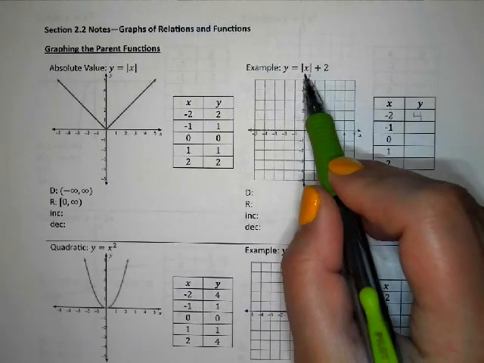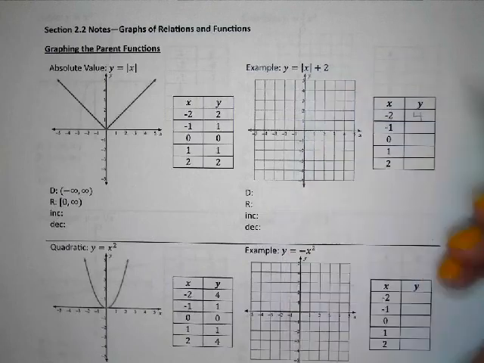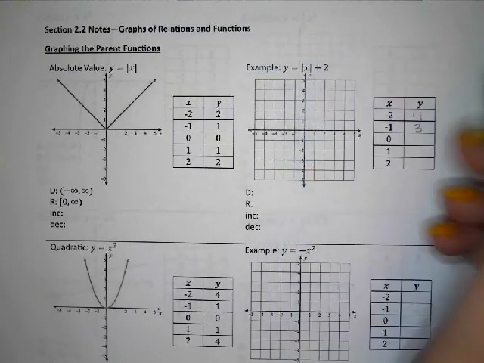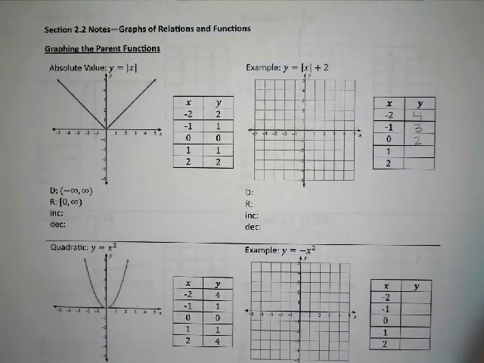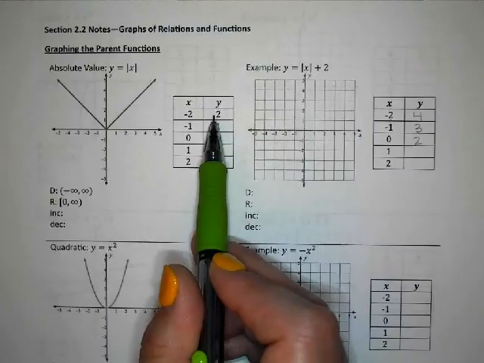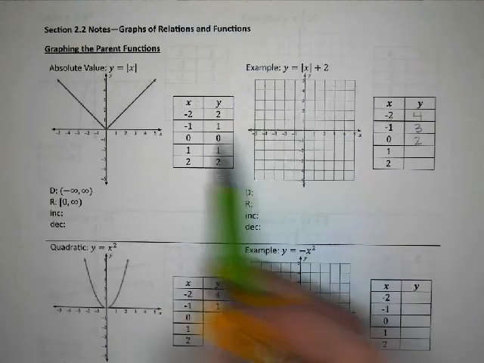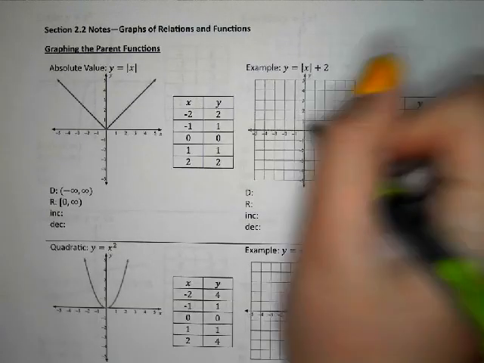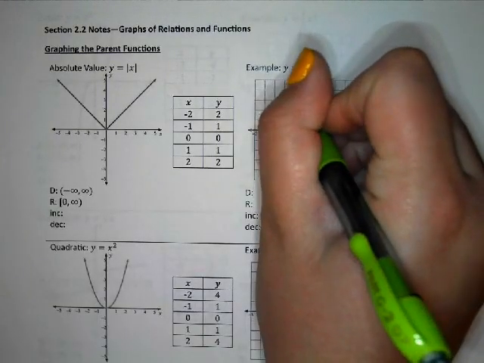The absolute value of negative 1 is positive 1, plus 2 is 3. Absolute value of 0 is still just 0, plus 2 is 2. And what we can see is that from the original table, each of the y-coordinates is just increasing by 2. So 3 and 4. And then I'll go ahead and graph.